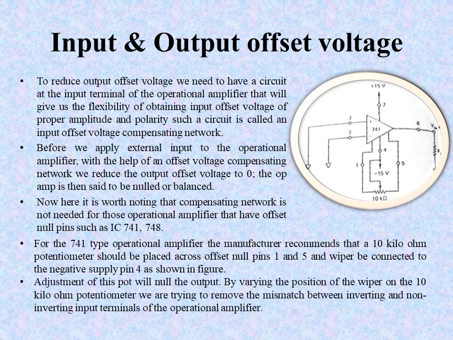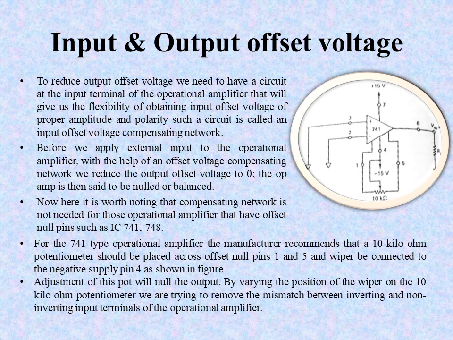By suitable adjustment of this pot, which is a potentiometer, we can nullify the output. So for 0 input we can get a 0 output by the help of a simple potentiometer. By varying the position of the wiper on the 10 kilo ohm potentiometer, we are trying to remove the mismatch between inverting and non-inverting input terminals of the operational amplifier.